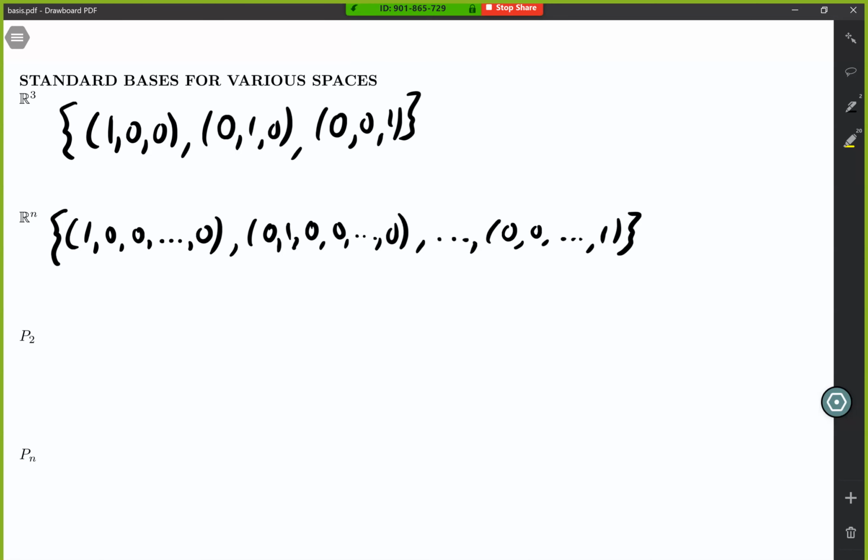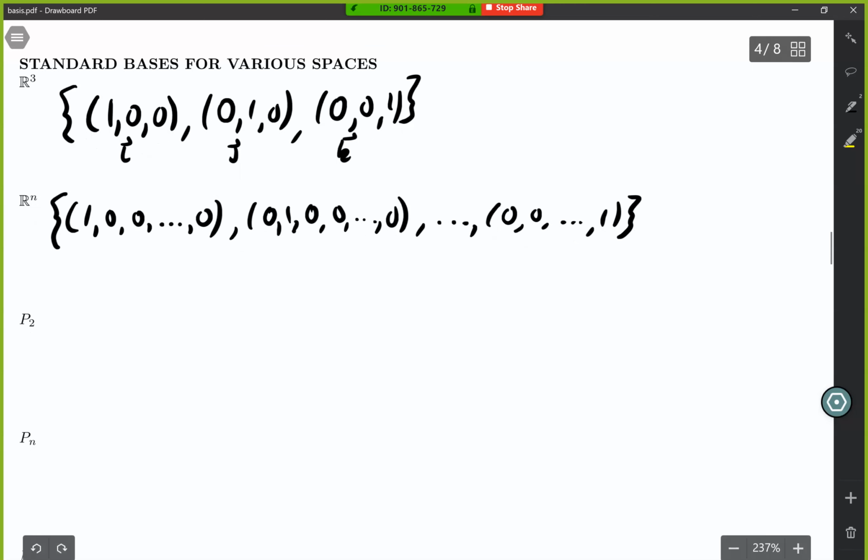Now, again, from Calc 3 ideas, a lot of times you refer to these as i, j, and k. If you try to do this in general for Rn, you're going to run out of letters. So for standard basis vectors, and this is pretty standard in any textbook you look at, they use e1, e2, out to en.